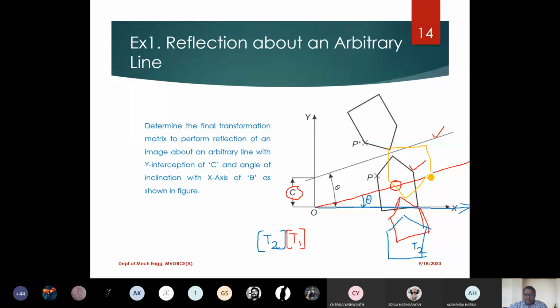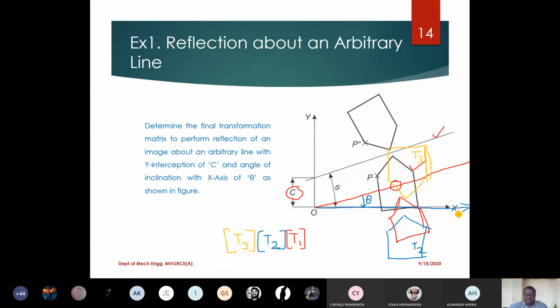The third operation, T3, after adding one more transformation T3 to the left, now see, the straight line will not change. Why? Because the straight line is matching to the x-axis, and its own reflection about x-axis is the same.